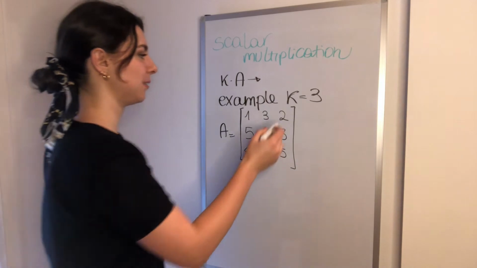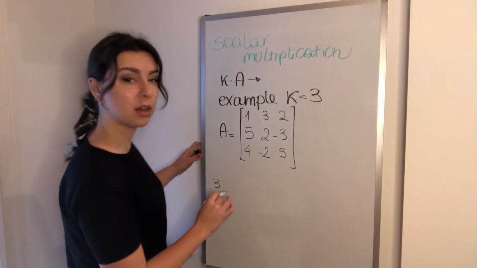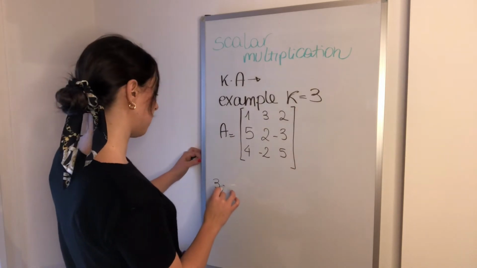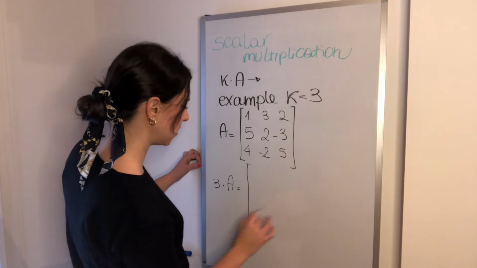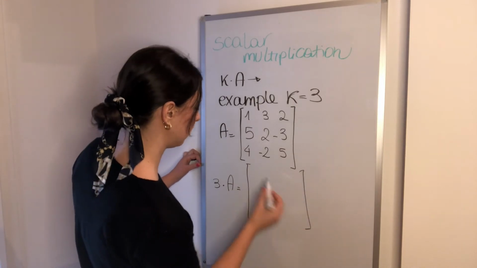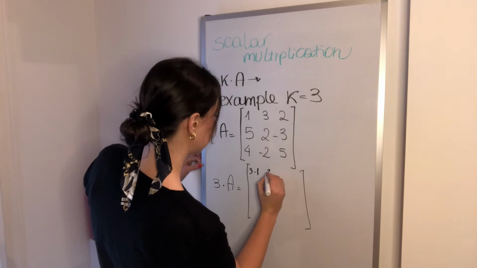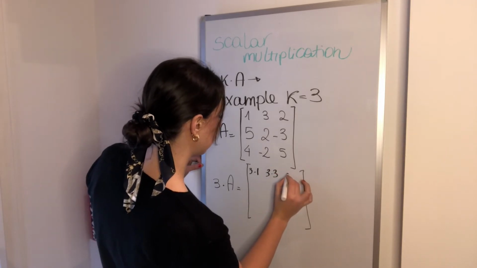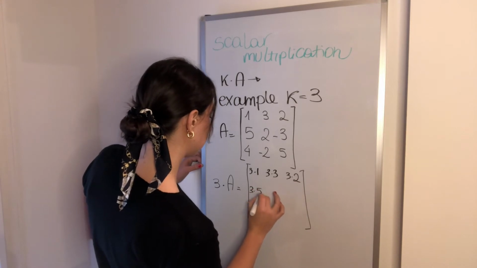So 3 by A is equal to, we just multiply every single entry by it: 3 by 1, 3 by 3, 3 by 2, 3 by 5.